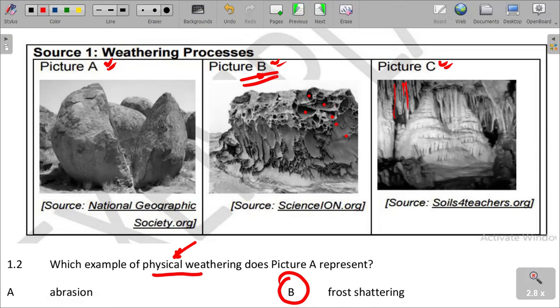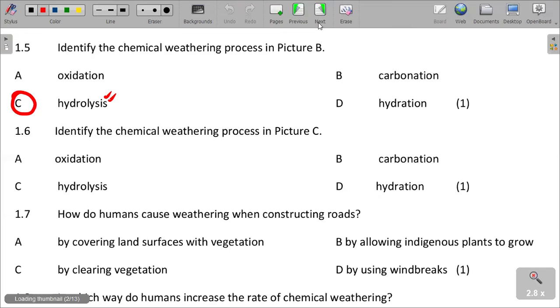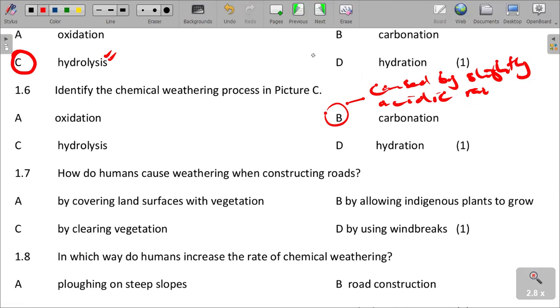And what I want you to understand is that carbonation is a chemical weathering process caused by slightly acidic rainwater. These are what you call carbonation.